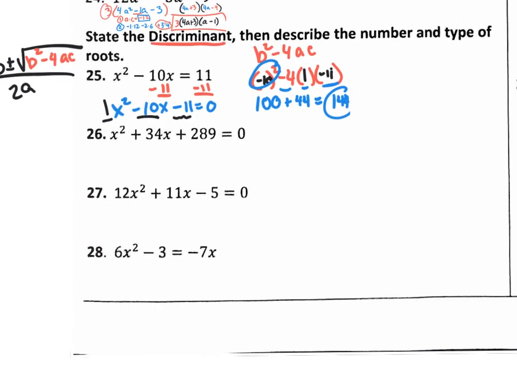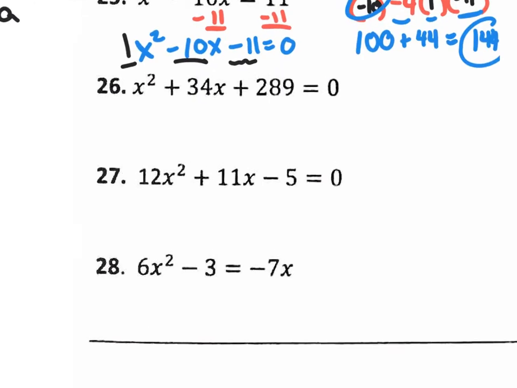So because our discriminant is positive, we're going to have two real roots, or two real x-intercepts, two real answers, two real solutions. Now, if my discriminant would have been negative, that would have been a negative 144, then you'd have imaginary values. So you'd have no real roots. You'd have imaginary answers. So let's continue on and do the same for number 26.